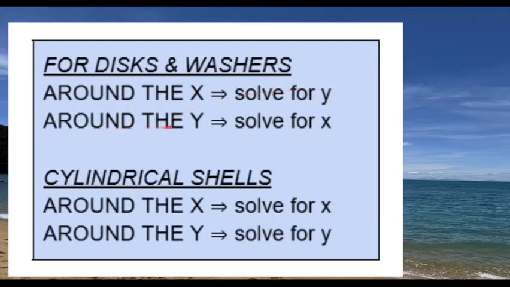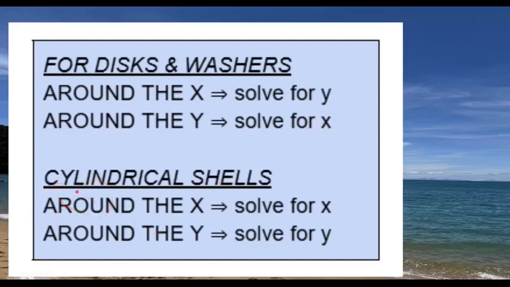But if you have to go around the y-axis or around a vertical line, then it's going to have to be in terms of y, or you solve for x. So you're going to have to change your equation to like x equals square root of y or something like that.